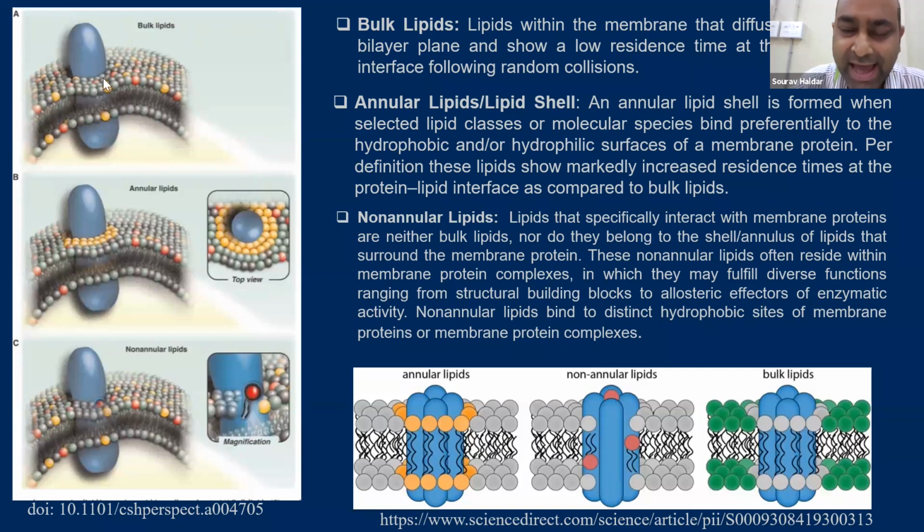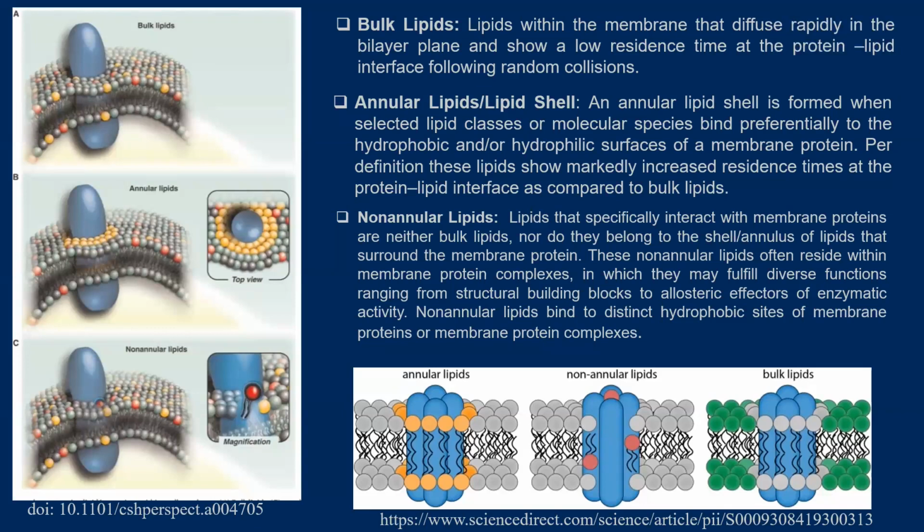So they may be accidentally found on the protein surface, and if you have the ability to monitor the lipid molecules, then you may find that these lipids are spending some time on the protein surface, but then again in the next moment it will be exchanged by another lipid, because that lipid is also freely diffusing. How do you know that?